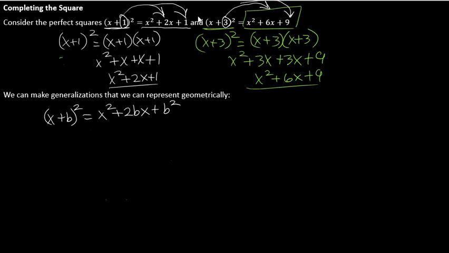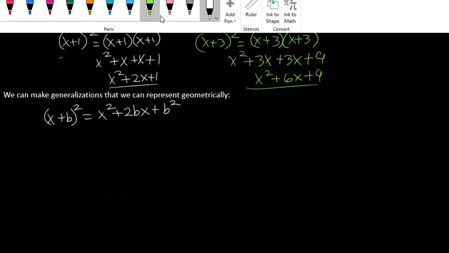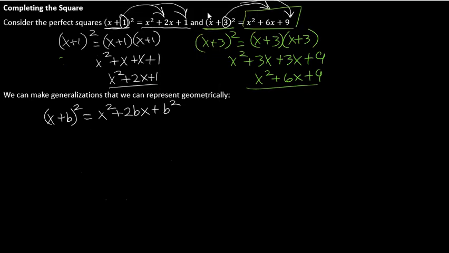And when you break this down geometrically, this guy here would be the x squared, meaning that this side of the square is x, and this side here is also x, right?